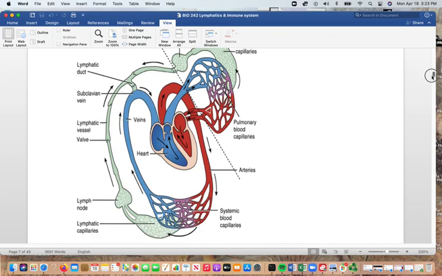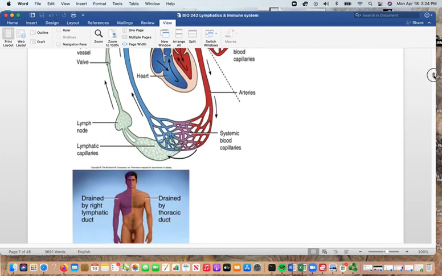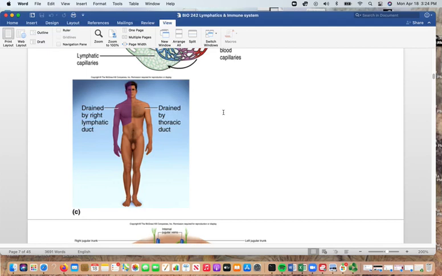And this just shows here where these are going to come in. So this is going to be the right side and then the left side in there. So here's another picture that shows the area drained by the right lymphatic duct and the left thoracic duct.